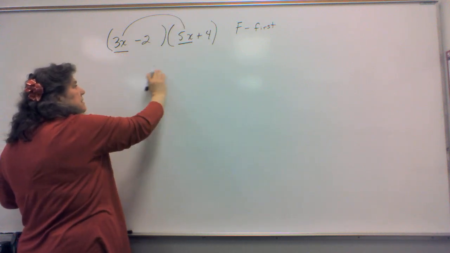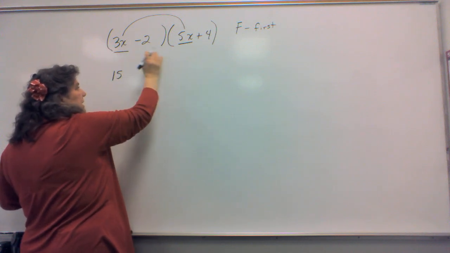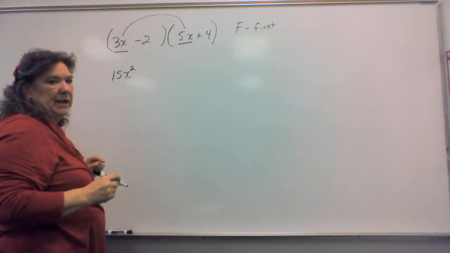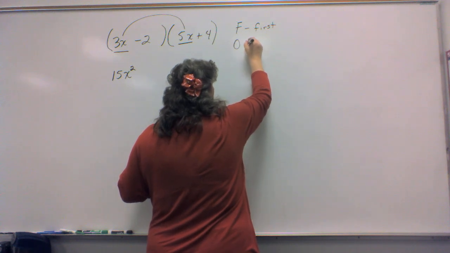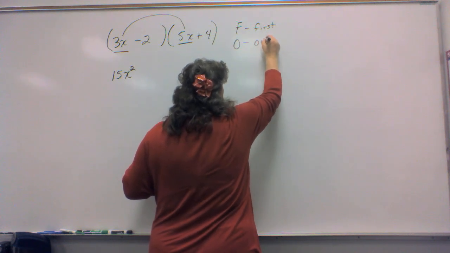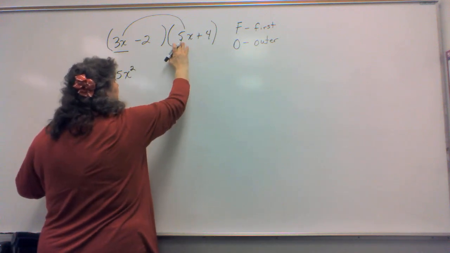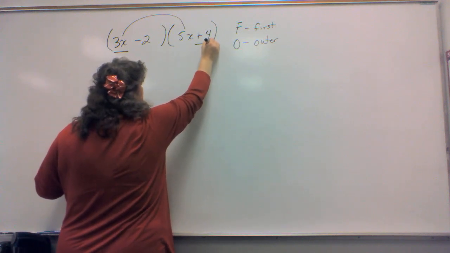So 3x times 5x is 3 times 5 is 15, and x times x is x to the second power. Okay? FOIL, F-O. O stands for the word outer. So we're looking at the outer ones, and the outer ones are 3x and plus 4.